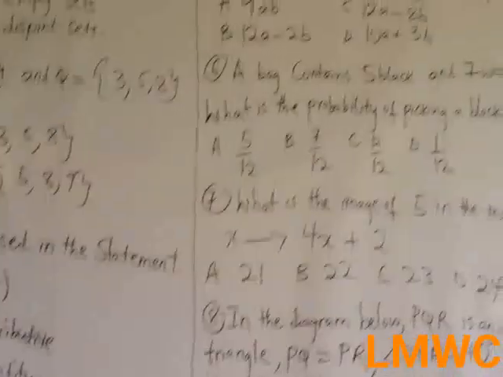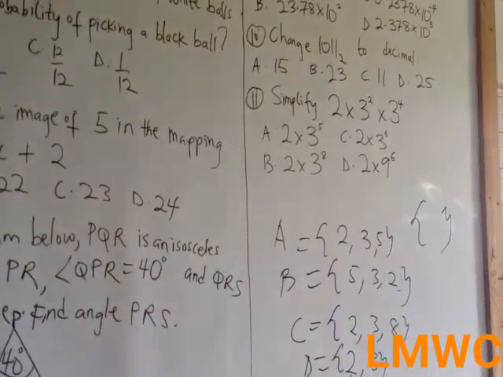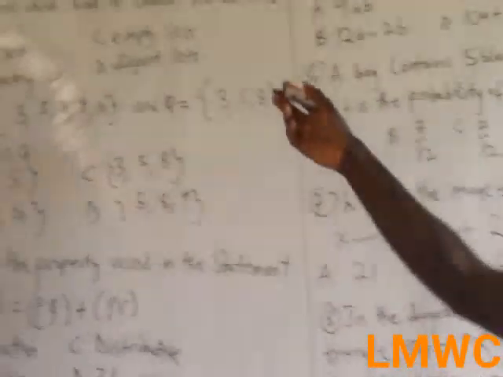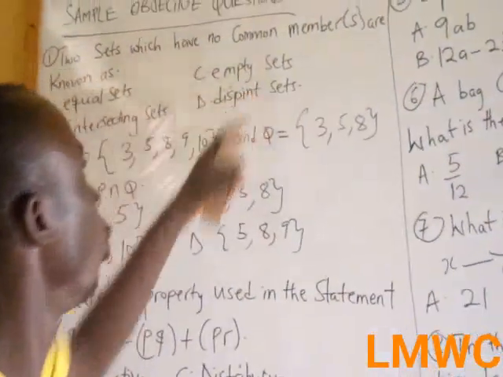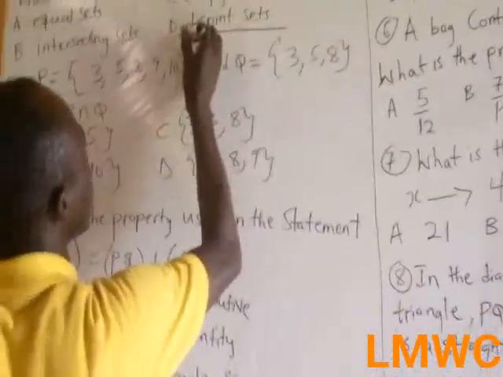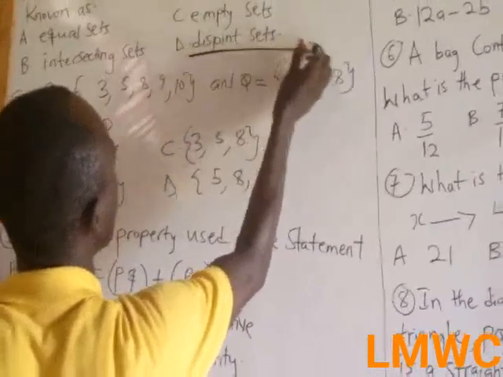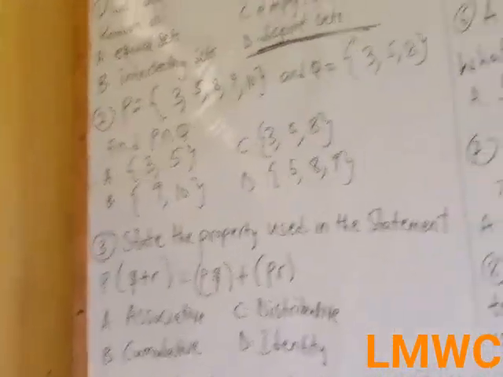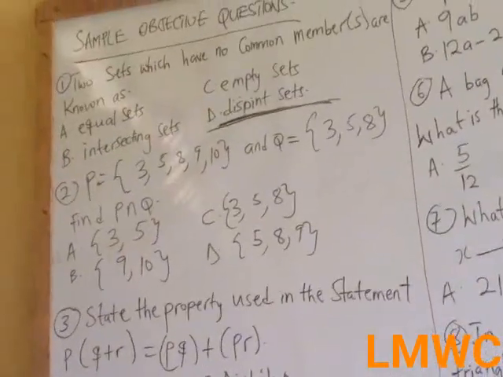Empty set has no member in the set. This is empty set. And this is disjoint set. Disjoint sets, they have no common members. So the answer is D. Disjoint sets. A set which have no common members. I'm underlining my answers.